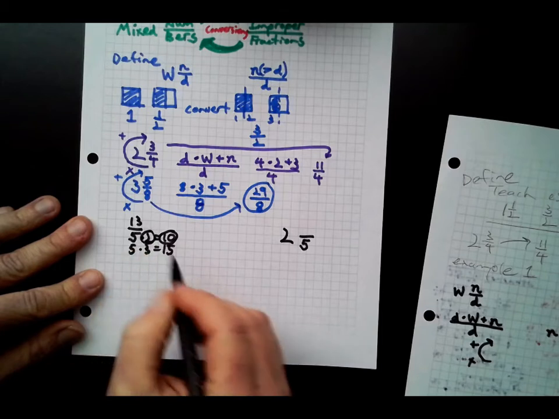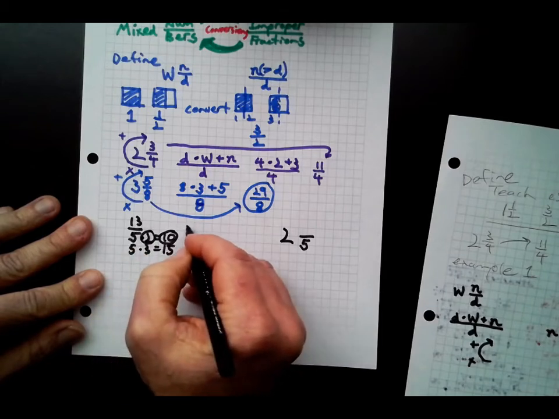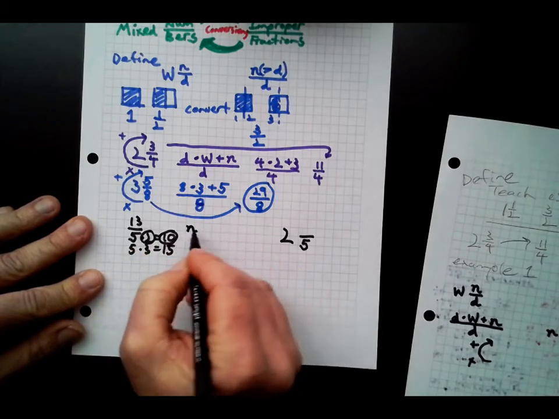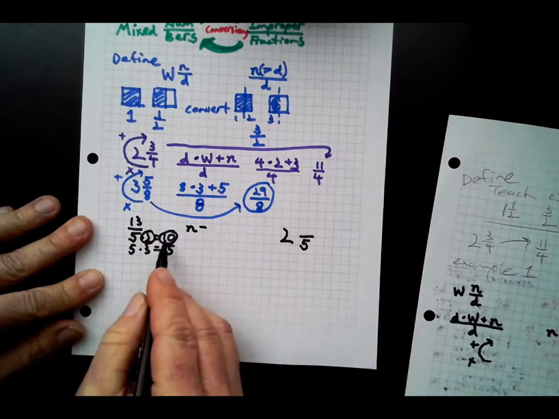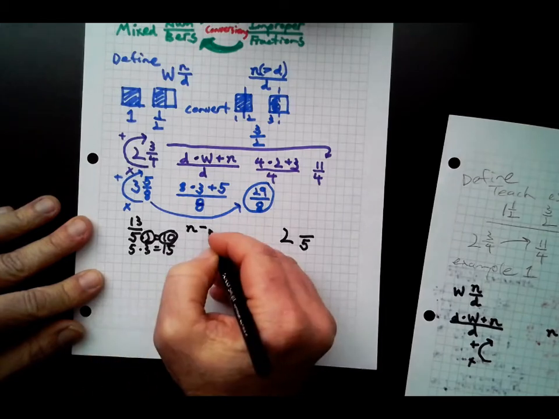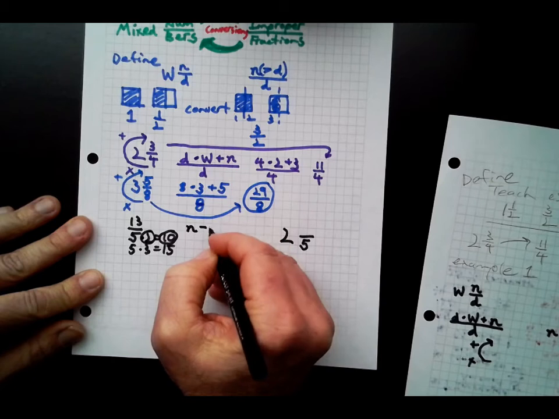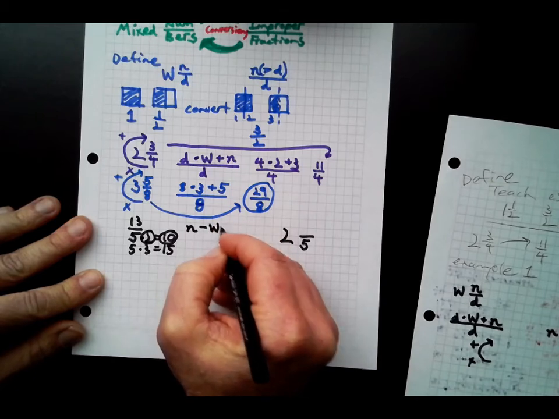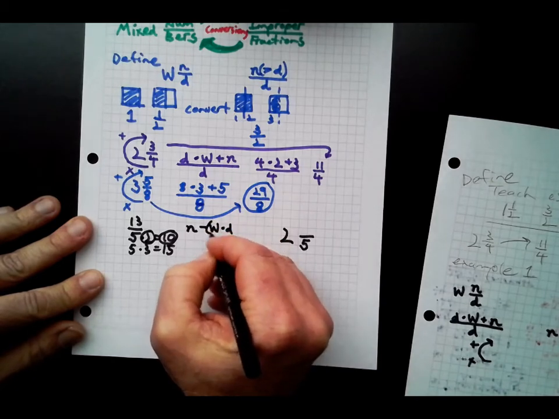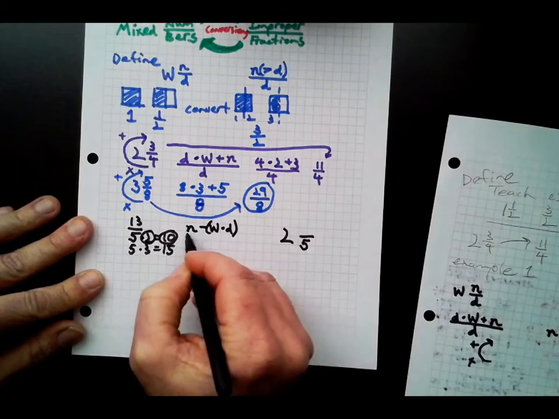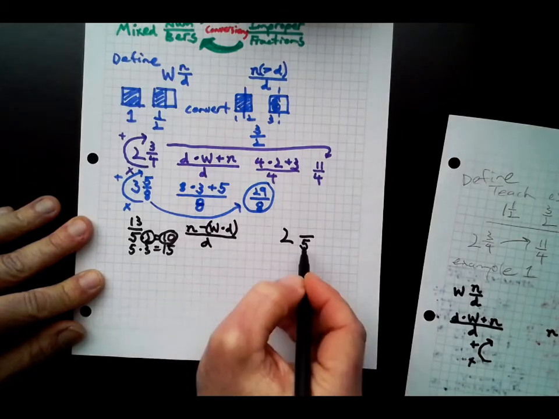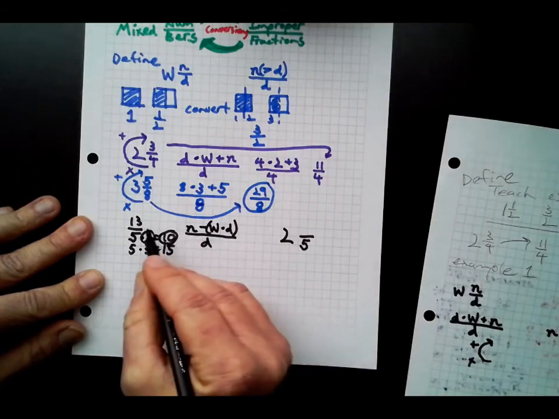if we take our numerator, which is 13, and we subtract our whole number times the denominator, and keep it over the denominator, we're going to end up over here. So here's what we did.